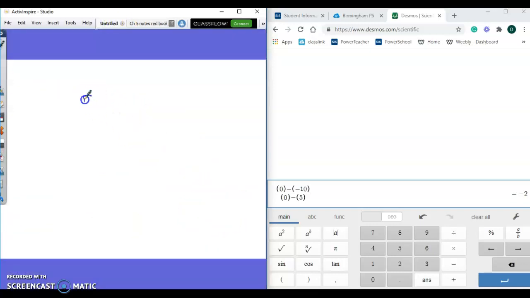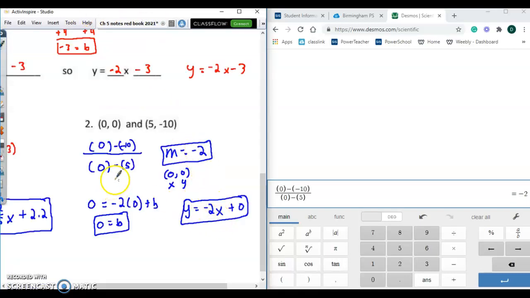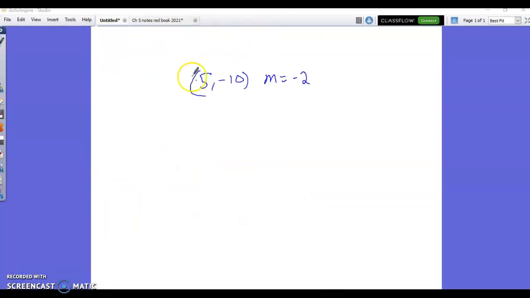So 5, -10, and I'm using m equals -2, right? Let me just double check and make sure that was right. Yep, -2 and 5, -10. So following the same steps, I would say y, which is -10, equals -2 times x, which is 5, plus b. -2 times 5 is -10, so -10 equals -10 plus b.